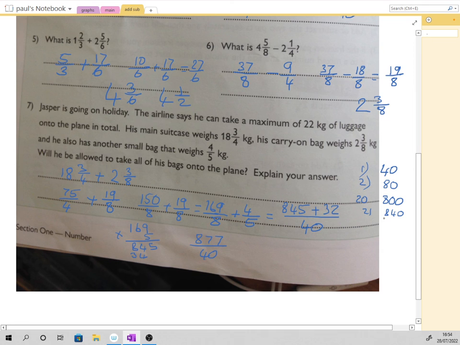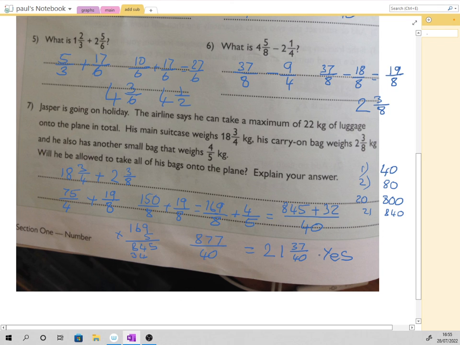I can't get another one in there. So it's going to be equal to 21 and 37 over 40, which is just less than 22. Can he take his bags? Yes, he can, because it's just less than 22.